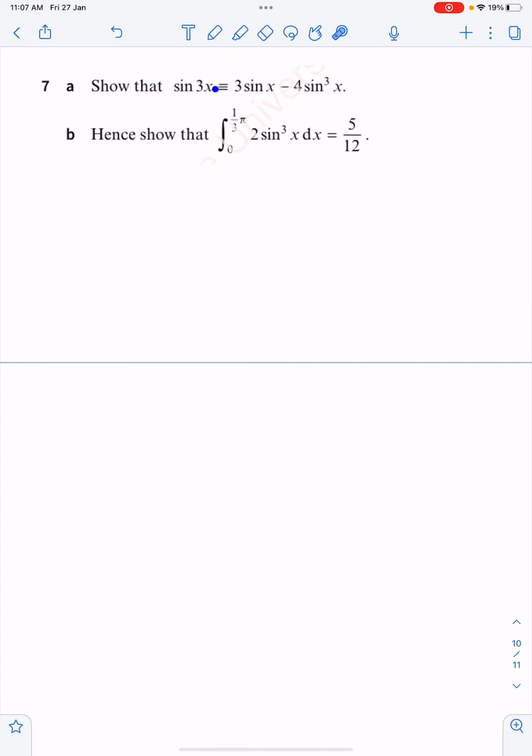Show that sine of 3x is equal to 3 sine x minus 4 sine cube x. Okay. So if I write sine of 3x as sine of 2x plus x, I can use the sine addition identity: sine of 2x cos of x plus cos of 2x sine of x.